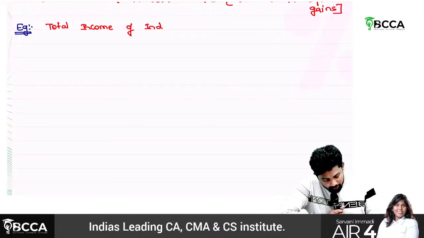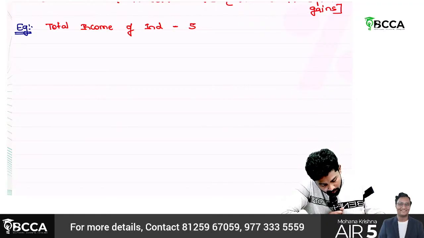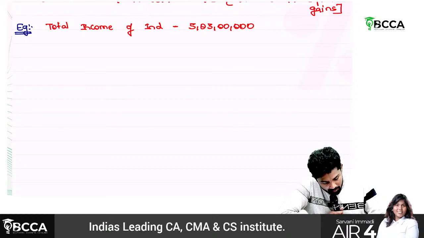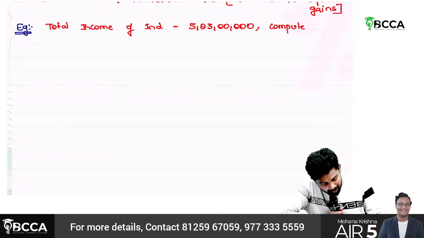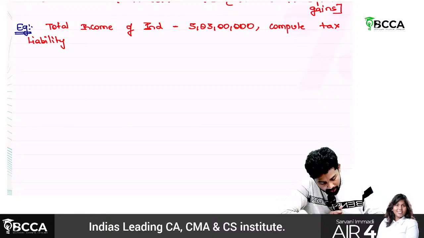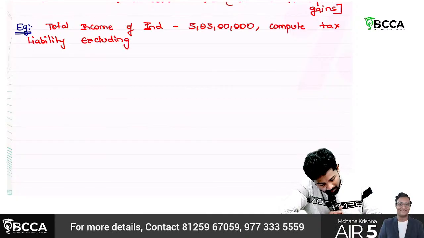Total income of the individual is 5 crore 3 lakhs. Compute the tax liability excluding cess of the individual under the old regime.